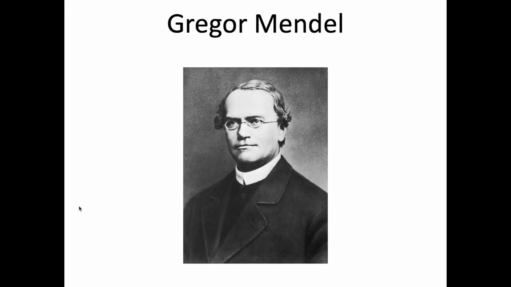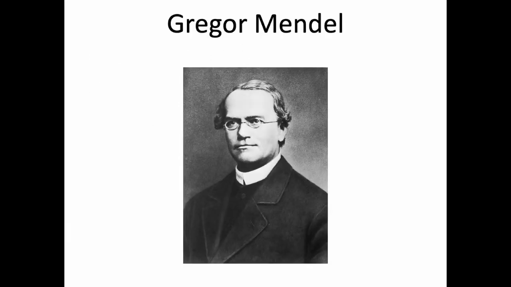Okay, let's talk about inheritance now, so how these things are passed on. What we're talking about is something called Mendelian inheritance. It's named after this Austrian monk named Gregor Mendel. We're not really going to talk about his biography or much of his exact experiments. I'm just bringing him up because that's why this is called Mendelian inheritance.